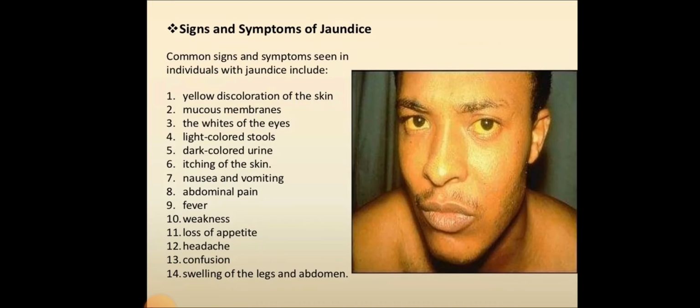And light color stools, dark color urine, itching of the skin, we said it will be present in obstructive jaundice, post-hepatic jaundice. Nausea and vomiting, abdominal pain, fever, weakness, loss of appetite, headache, confusion, swelling of the legs and abdomen.